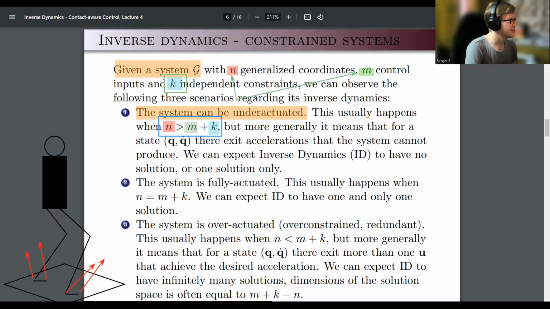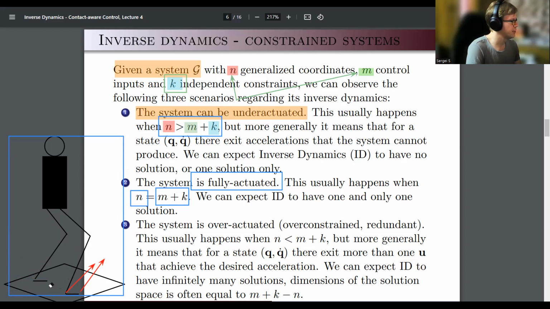All right. Second scenario. System is fully actuated. Fully actuated means that usually you have the same number of degrees of freedom as the sum of the number of motors and the number of constraints. Okay. So for a walking robot, what you would often have is 6 linearly independent constraints, even when one of the legs is being lifted off the ground.